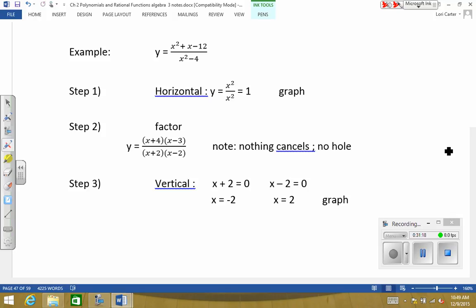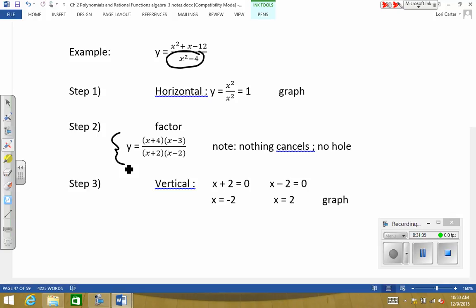Everybody get the simple factoring? Difference of squares: what's the factoring of x squared minus 4? X plus 2, x minus 2. So these are the factored form of above. Do I have anything that will cancel? No. So I have to use it as is.